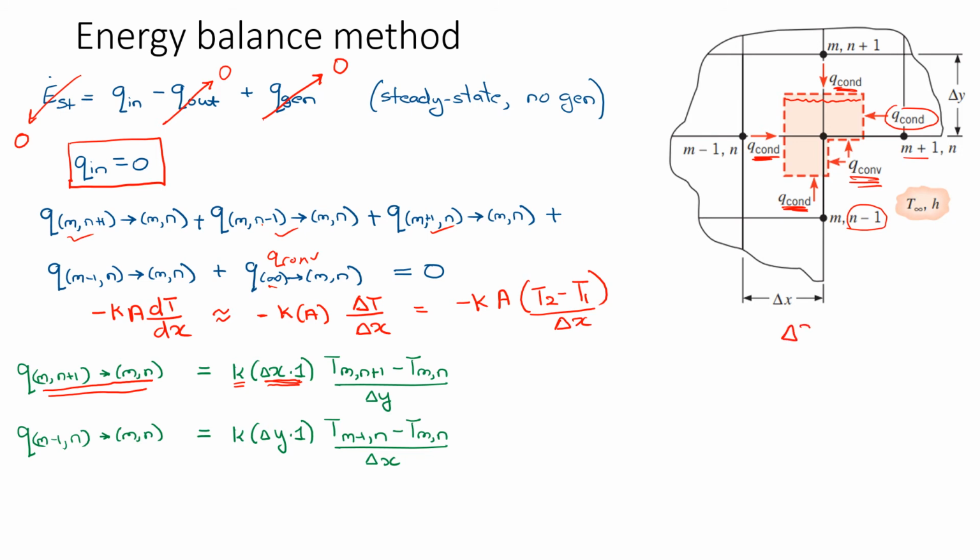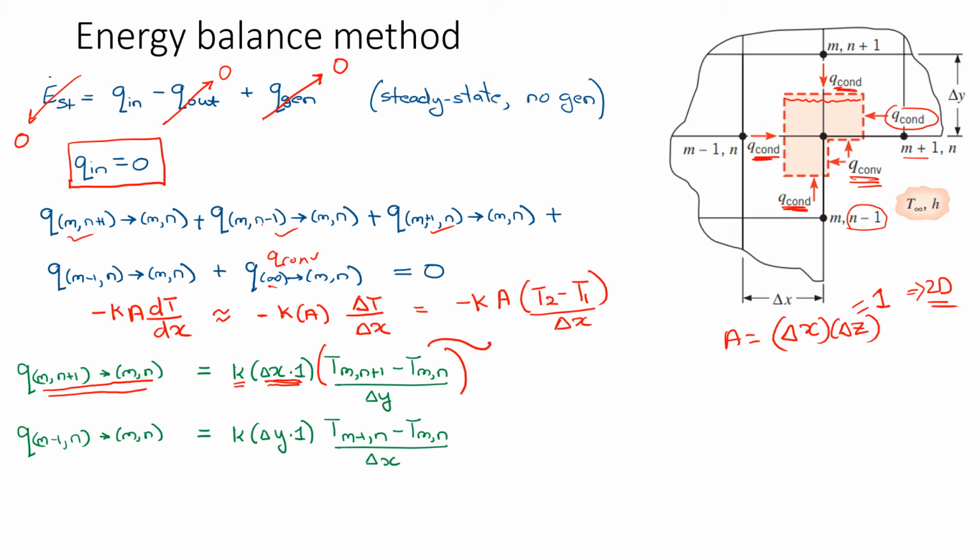So your area will actually be delta X times delta Z. What we've assumed is that your delta Z is 1, because we're assuming 2D conduction. So this is your area times delta T.